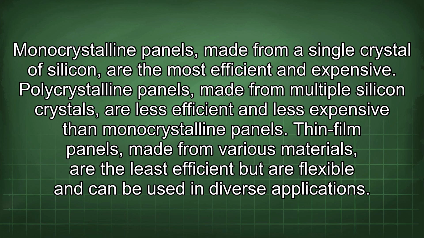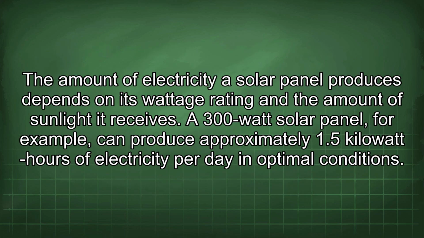Thin film panels made from various materials are the least efficient but are flexible and can be used in diverse applications. The amount of electricity a solar panel produces depends on its wattage rating and the amount of sunlight it receives. A 300-watt solar panel, for example, can produce approximately 1.5 kilowatt-hours of electricity per day in optimal conditions.